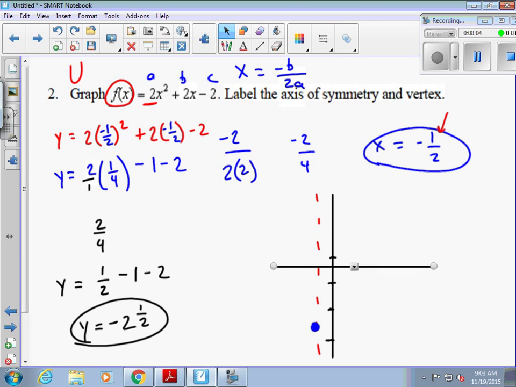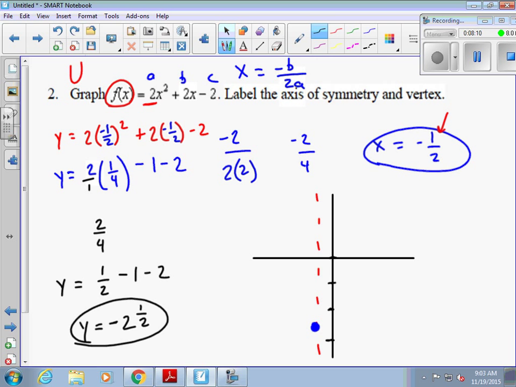Again, we know it's going to open up. So from there, we want to shift our units. This is at negative 1/2, so this is positive 1. That's negative 1/2. Okay, so we want to shift to the right or to the left. Now, this question was asked yesterday. When you shift over, do you have to shift over an entire unit?